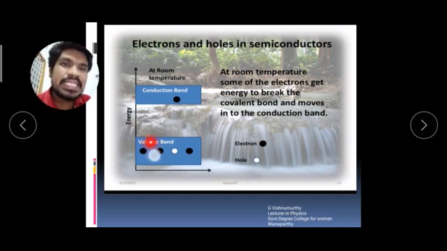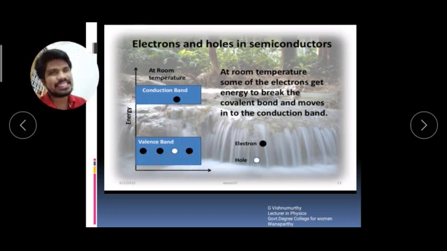Here you see this, the motion of the electrons is there as well as the motion of the holes. Here again we got another definition for the current. The motion of the free electrons or the motion of the free holes is called the current.